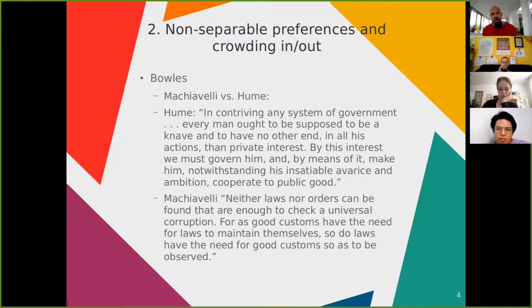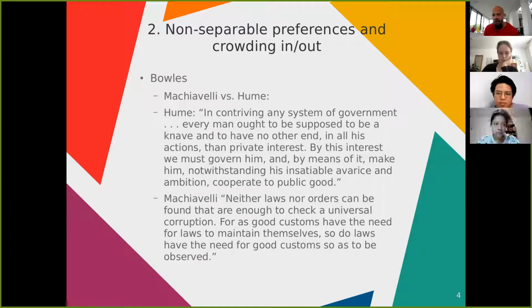So he says, in contriving any system of government, each man ought to be supposed to be a knave, a fool or an idiot, so to speak, and to have no other end in all his actions than private interest. By this interest we must govern him, and by means of it make him, notwithstanding his insatiable avarice and ambition, cooperate to public good.